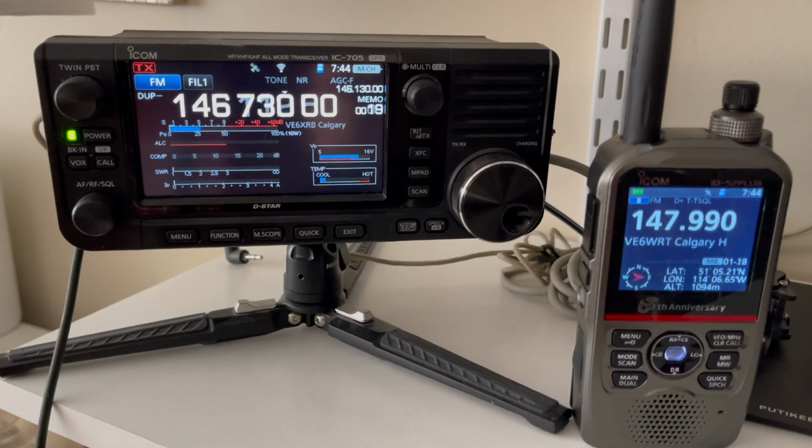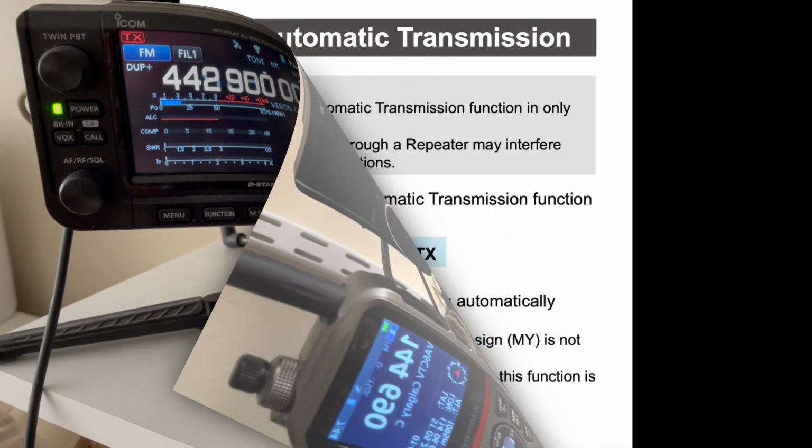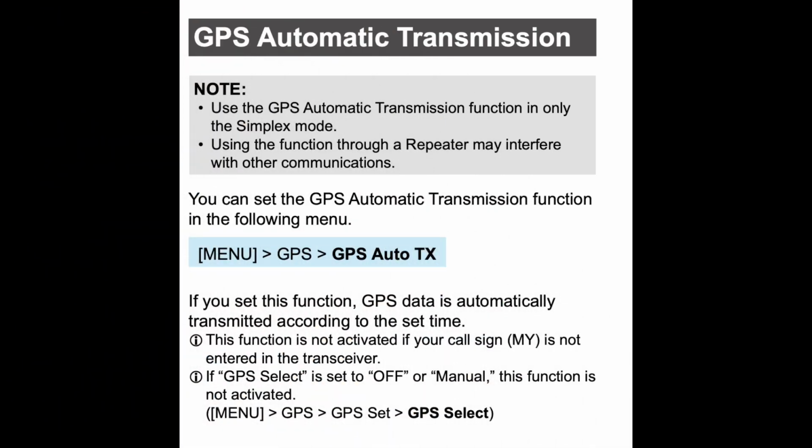So I'm just going to go through some of the features here, in particular on the ID-52. When you have a digital type radio, great features, makes you do a lot. However, it does increase the chance of what we call QRM, which stands for interference. Interference refers to interference with other radio signals, man-made sources, or other stations.